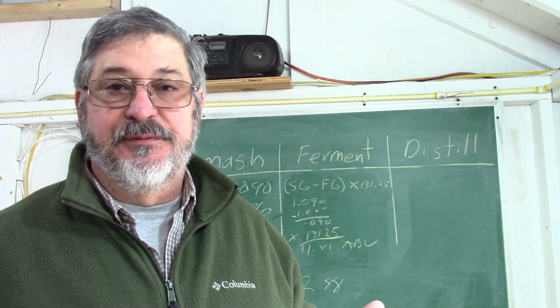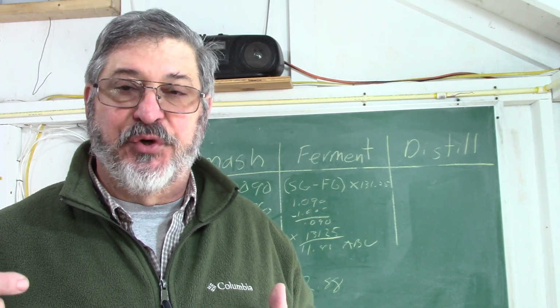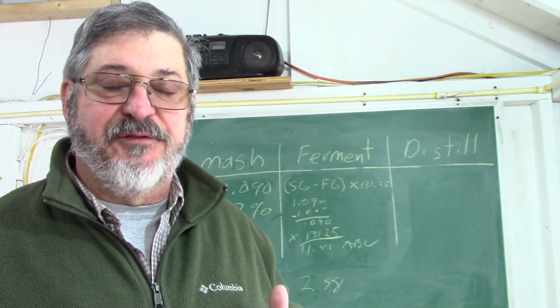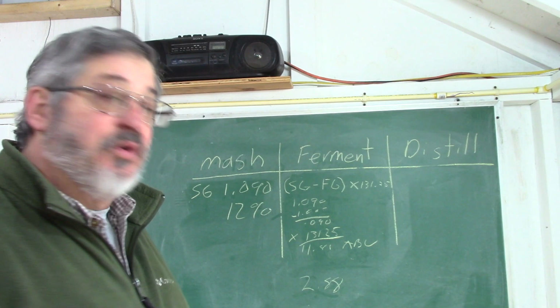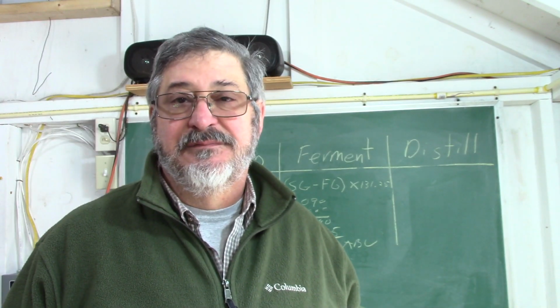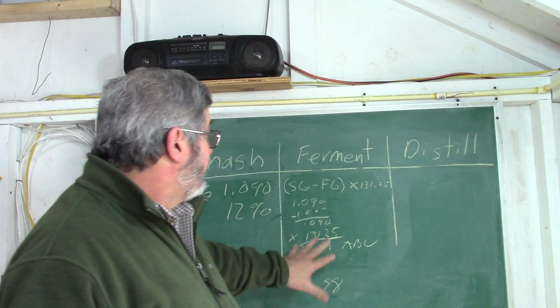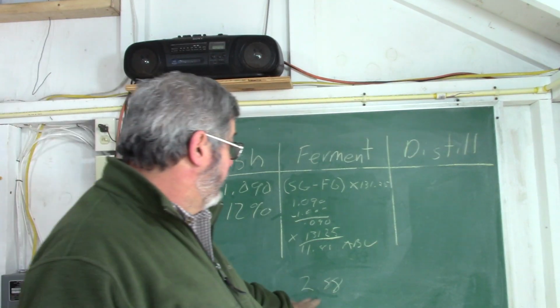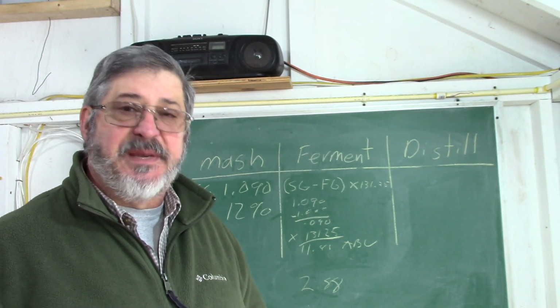Now we all know that we are not going to take out pure alcohol. So, just for conversation, we're going to get around 3 quarts, right around, of distillate. Okay. So that's going to finish up the ferment. So now we know how much in our fermenter is basically alcohol.